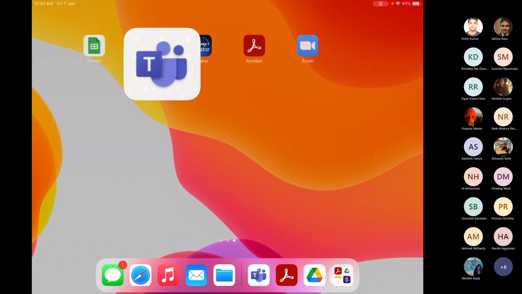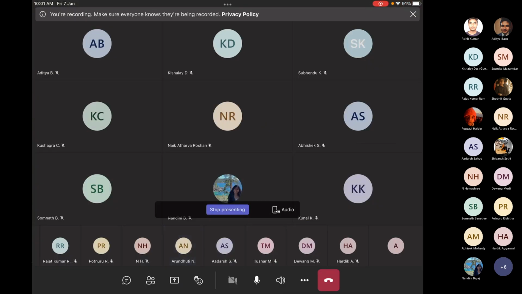Excuse me, sir. Yes. Sir, is there any Teams code for adding us to the group, because we are joining from the link? This is a very difficult task. What happens is that I need to have Outlook installed in order to give you an invite.